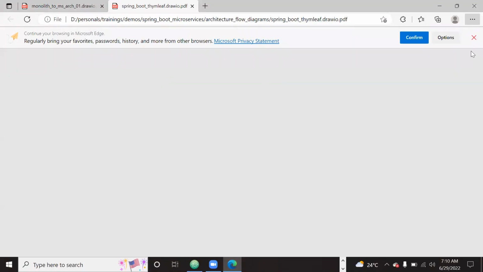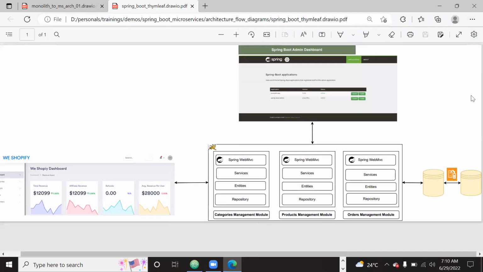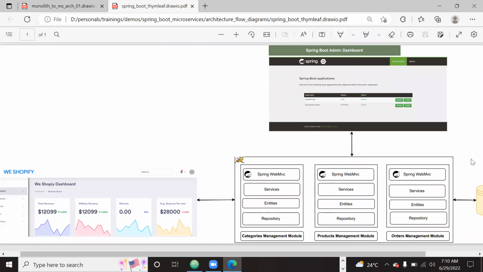If you can see this diagram, we have the categories module, the products module, and the orders module. Each has its own directory or package structure: categories controller, categories service, categories model, categories repository, categories bean.